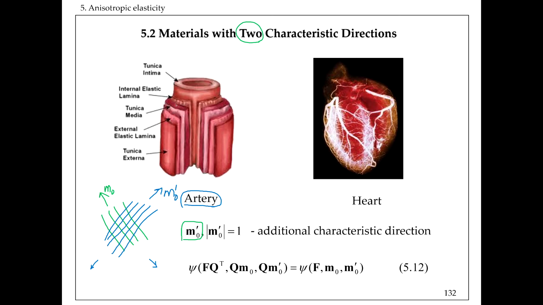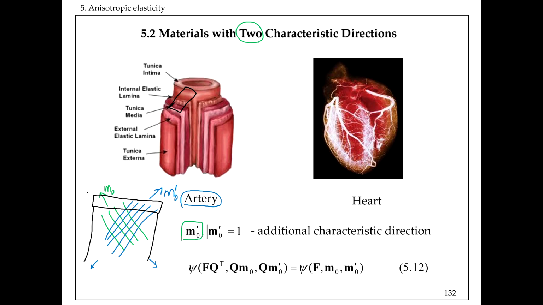Okay, so let's say we just take a segment of this arterial wall, and I put it in here. It's a segment, and so we'll have fibers that, and this is pointed out for the arterial walls, will be mostly aligned in two directions. We can identify them as M0 and M0 tag. Of course, this is nature.